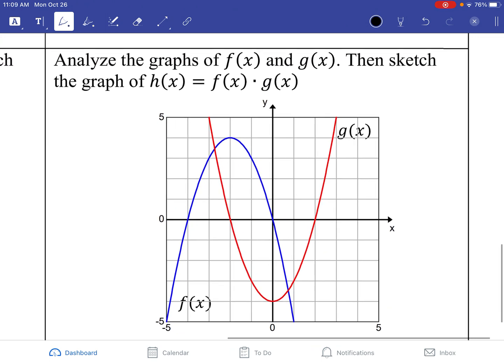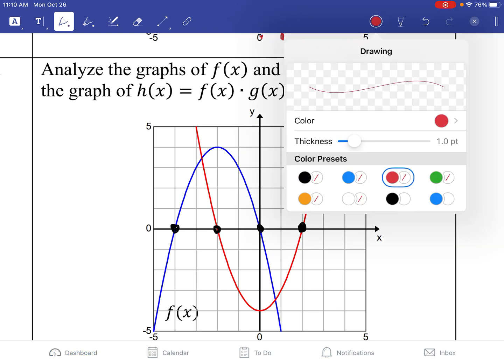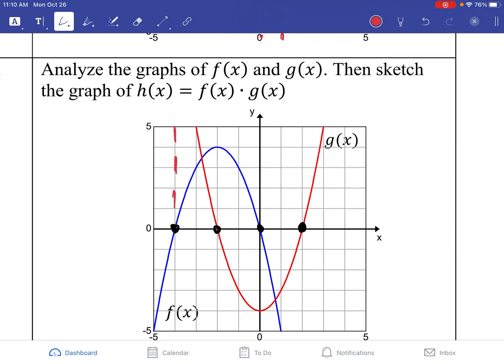All right, last one. All right, we have a point here, a point here, a point here, and a point here. So we've got a bunch of different regions. So we'll make all of our little dashed lines to divide everything up.